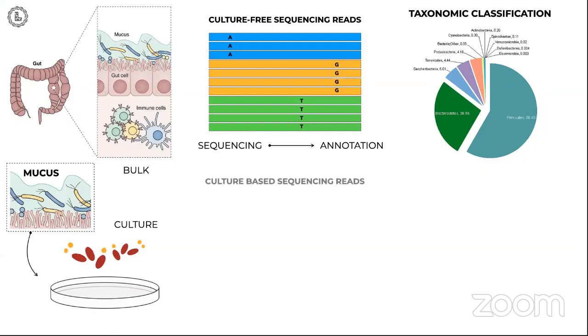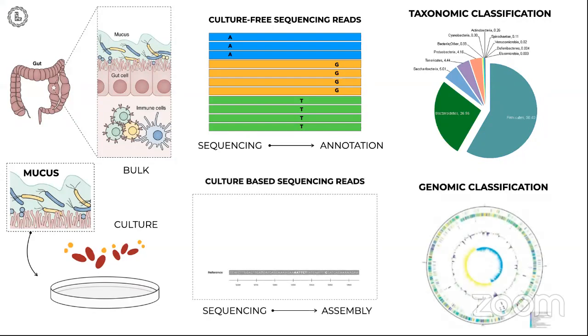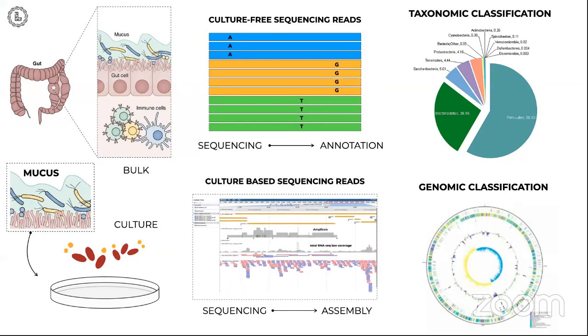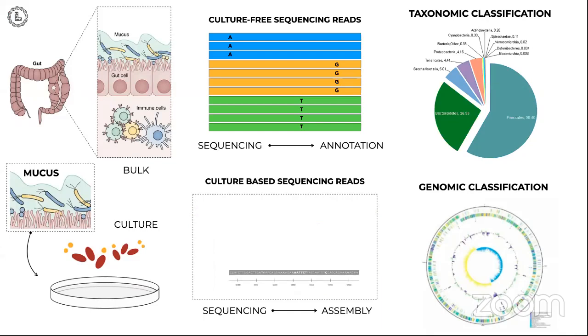In the case of culture-based sequencing reads, we typically use reference genomes and assembly to study genomic classification, by understanding how the specific members of the community that we're interested in are different from other known members and how they might be related to each other.